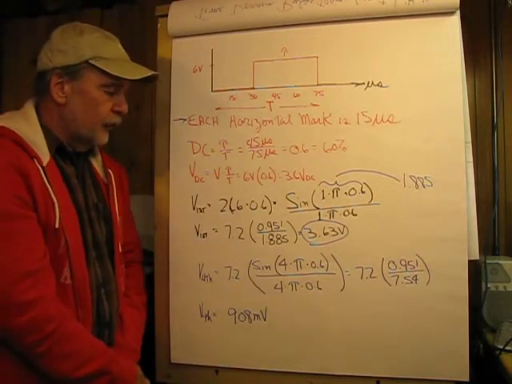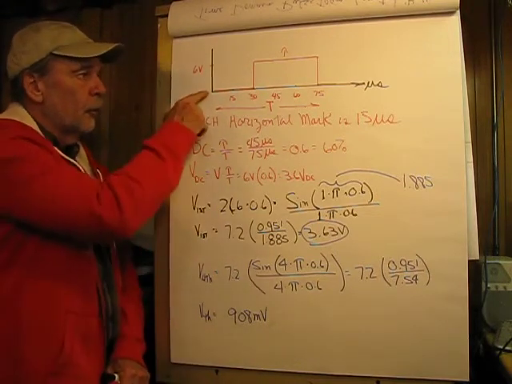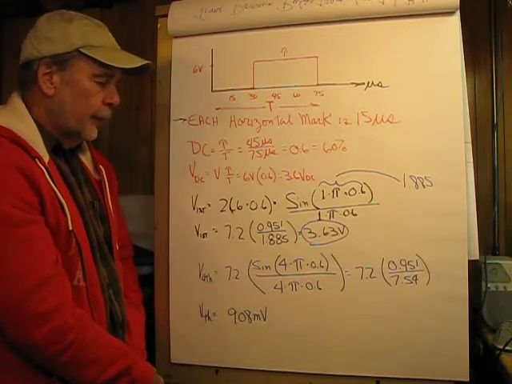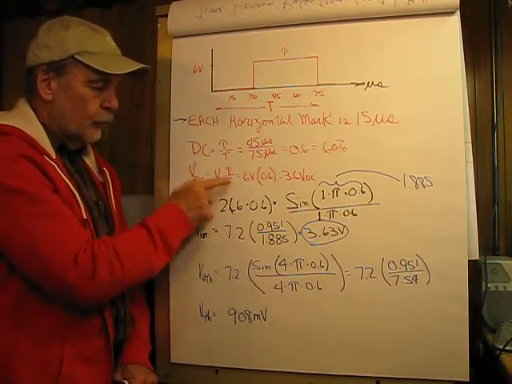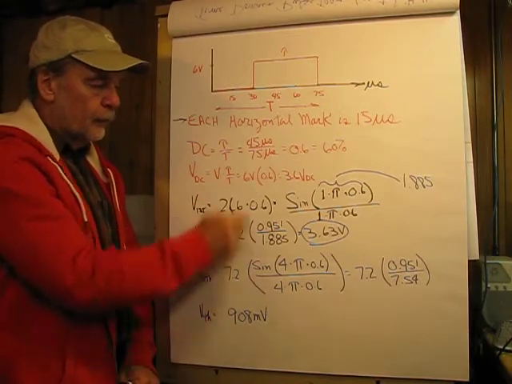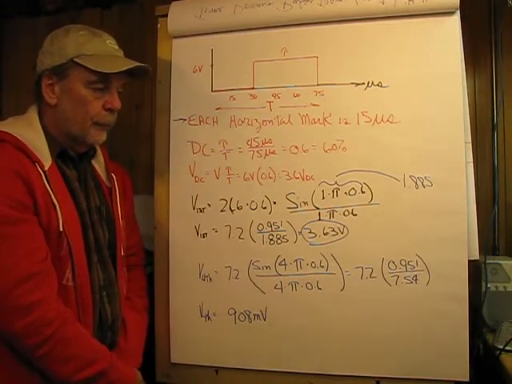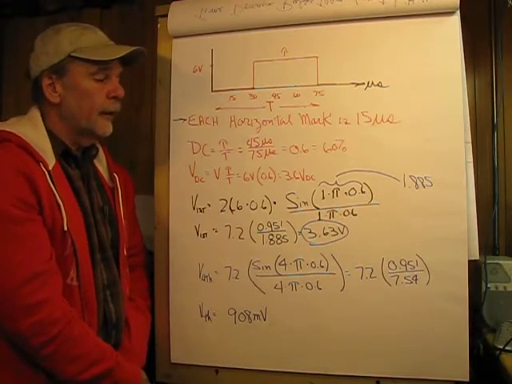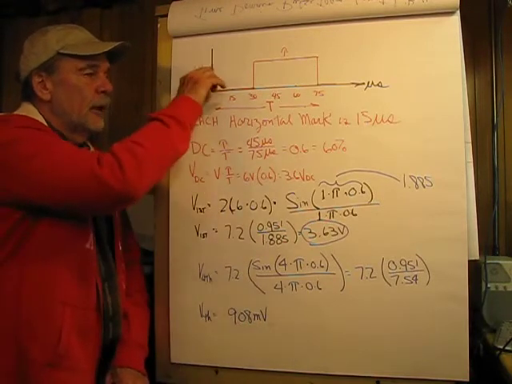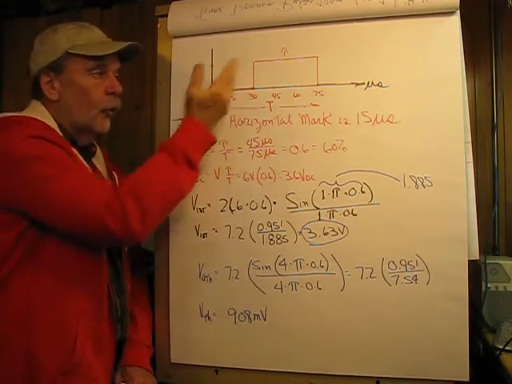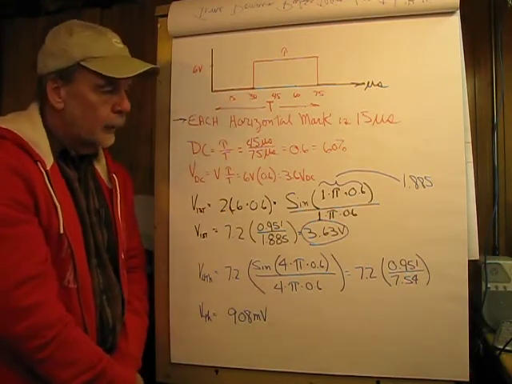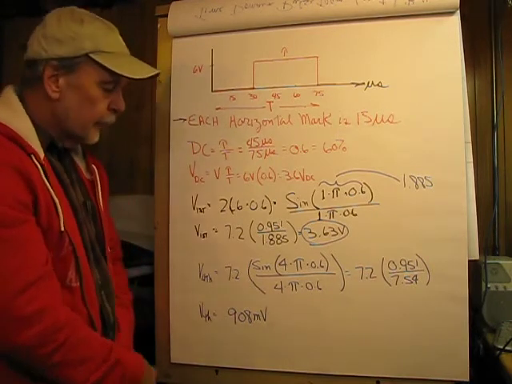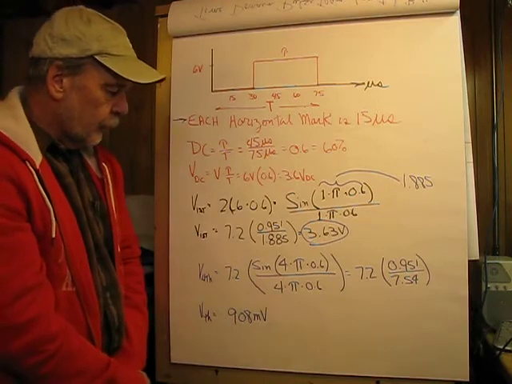Next, we can find the DC component of this, and since it's unipolar, we kind of see that it does have a DC component, and that's simply going to be the voltage times the duty cycle. 6 volts times 0.6 gives us 3.6 volts DC. That means if we took a true RMS meter and measured this voltage across a resistor or whatever, we would see 3.6 volts DC.